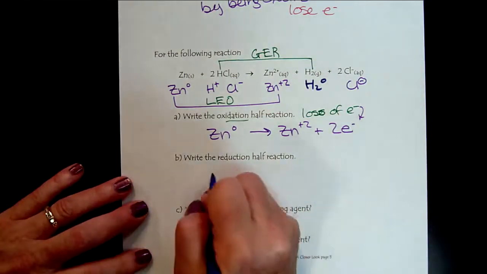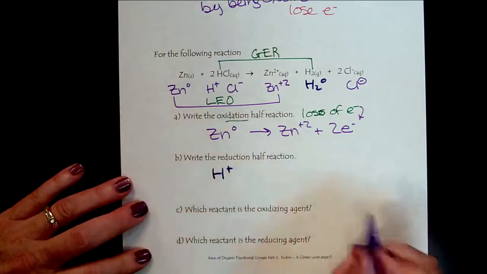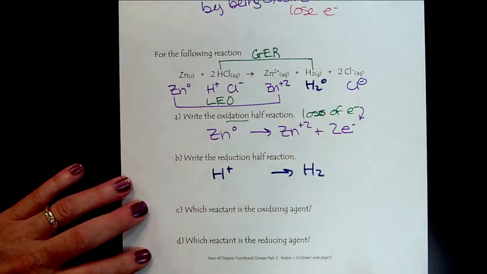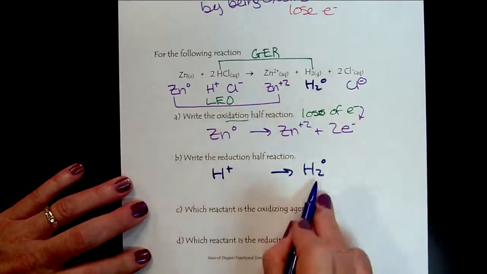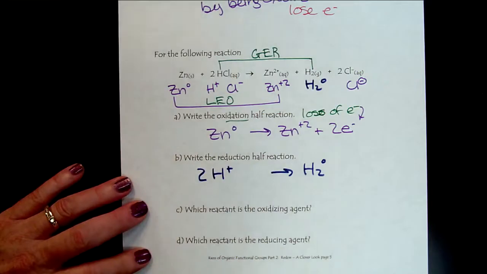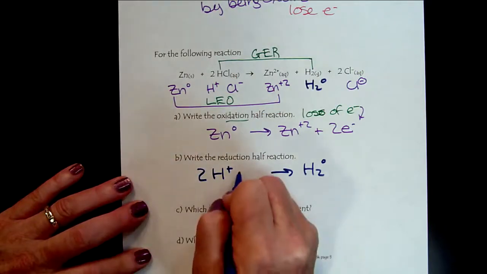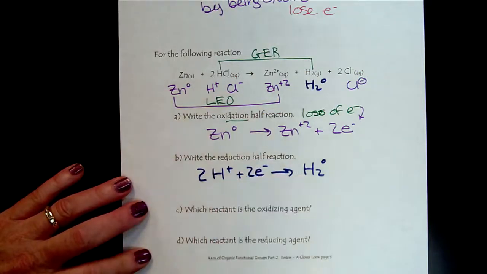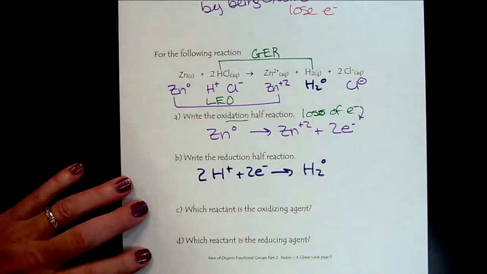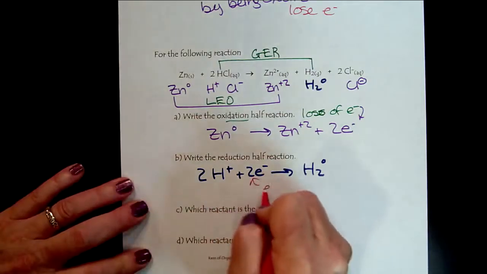Well, the hydrogen started as a +1, and then it goes to hydrogen that's pure. So here we are going to need to put coefficients in our half reactions. And so the hydrogen gains 2 electrons. So it's nice and neat. Electrons lost, and there's electrons gained.